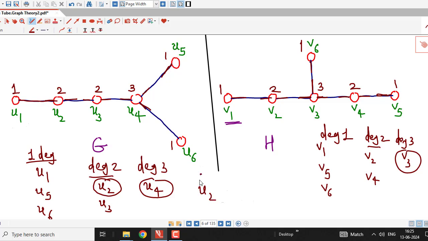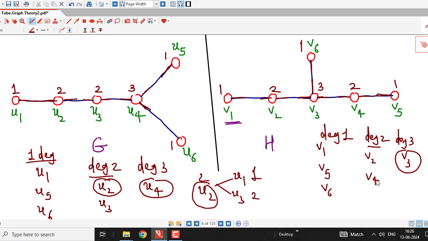Degree of u1 is 1 and degree of u3 is 2. So the image of u2 will be that vertex from H whose degree is 2 and it is adjacent with vertices of degree 1 and 2.